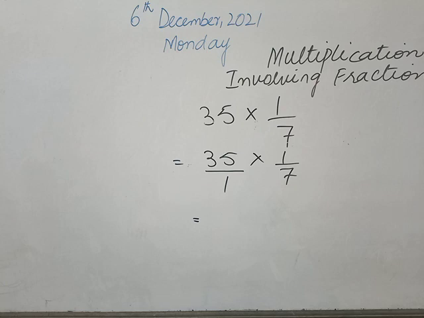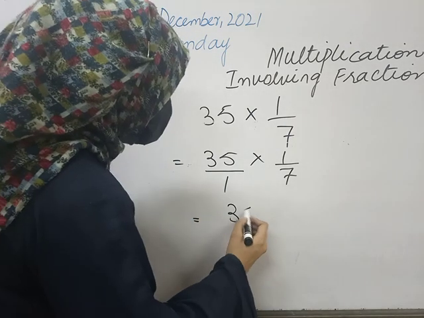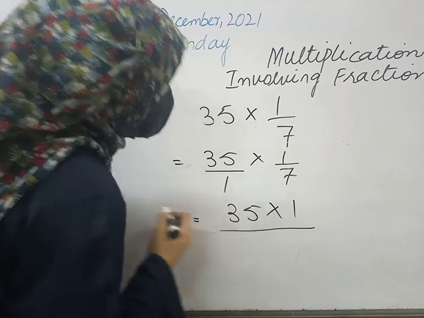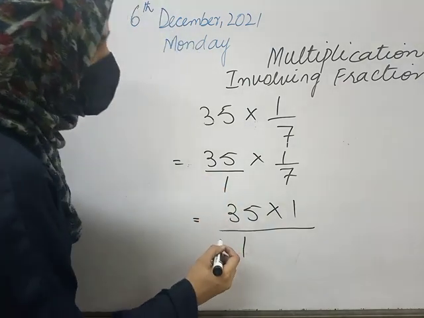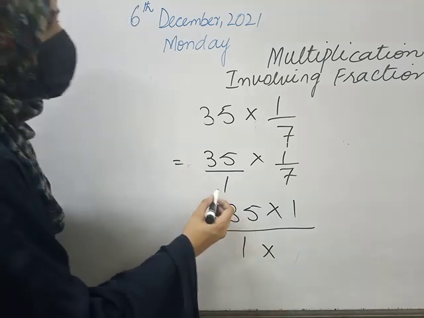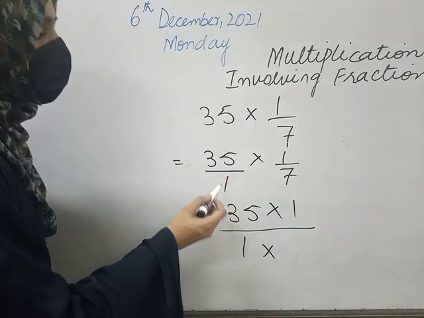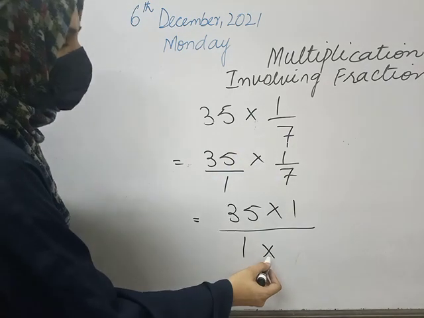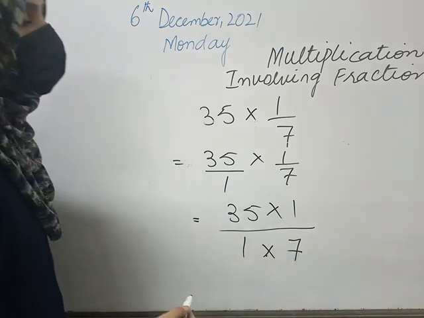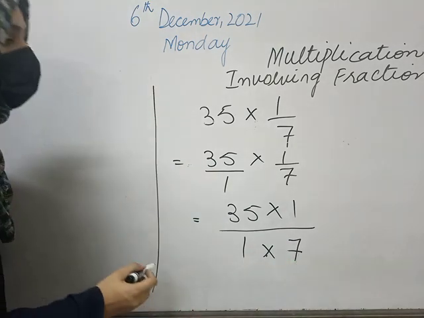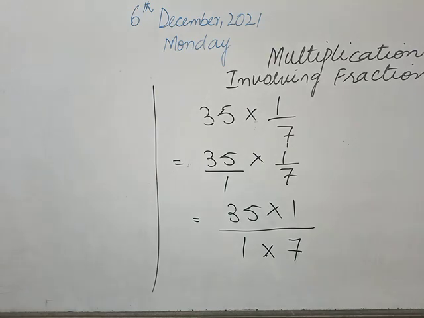Now I am going to write. You have to look very carefully. 35 multiplied by 1, then there is a sign of fraction. And in the denominator portion we will write the first denominator, then a sign of multiplication, and then 7, which represents the denominator of the fraction at second place.